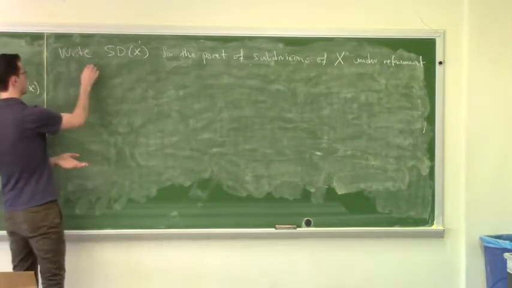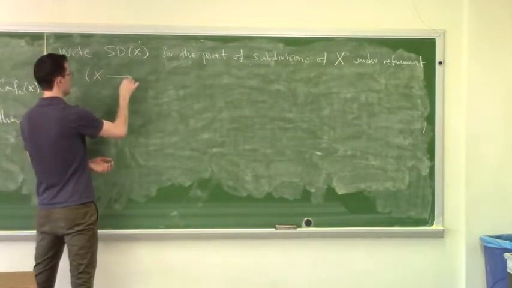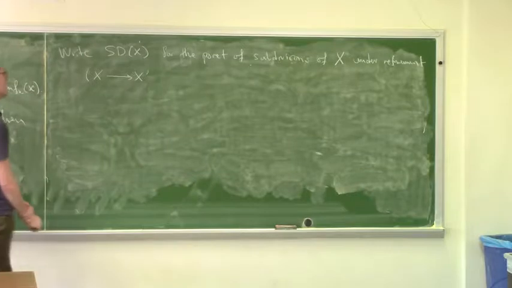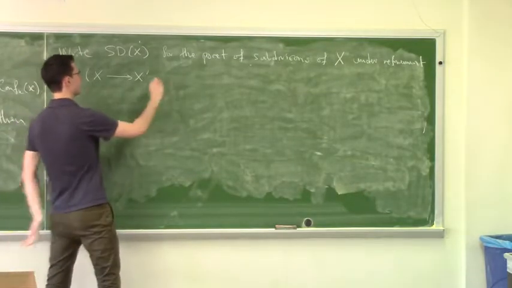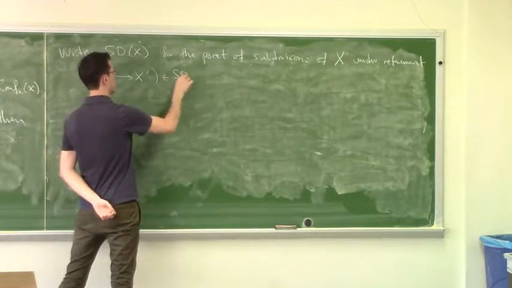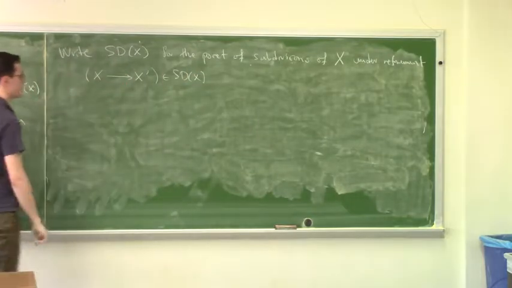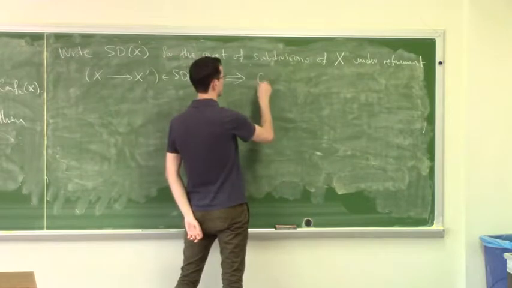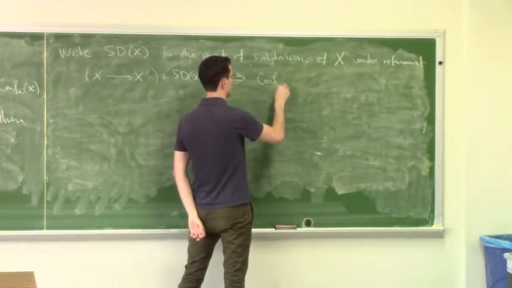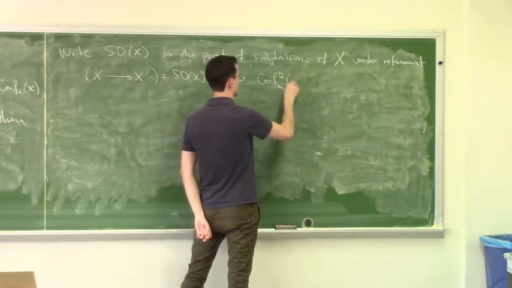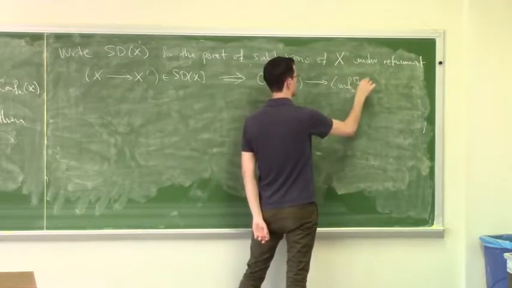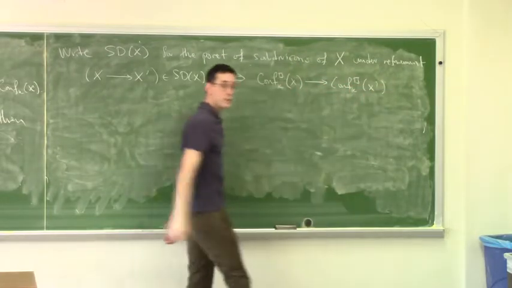So if I had such a thing, which I'll write as a map from X to the subdivided space X prime, it's a homeomorphism of spaces. Here's an element of this partially ordered set, then I get a map from the combinatorial configuration space of X to the one for X prime.